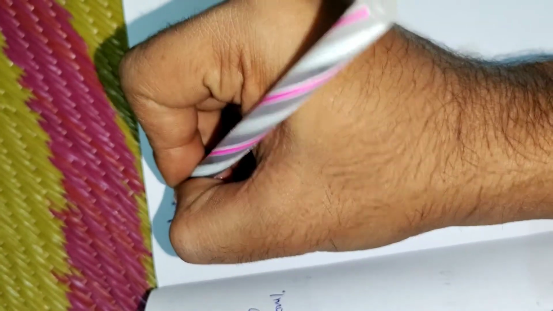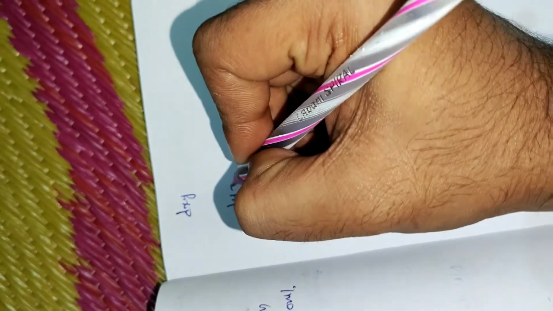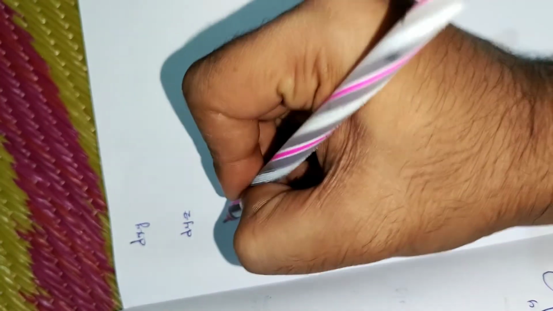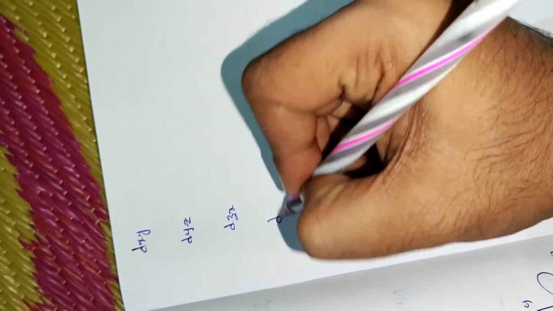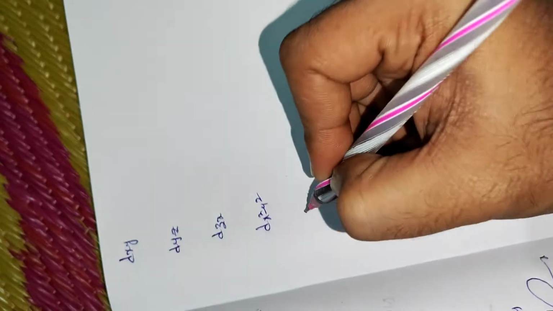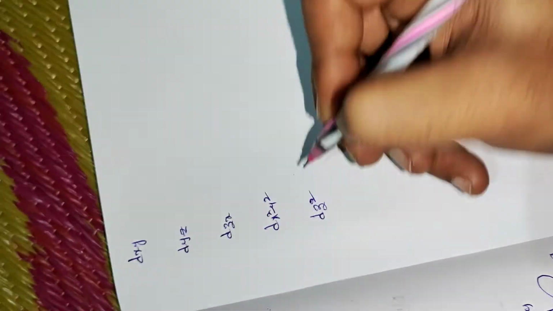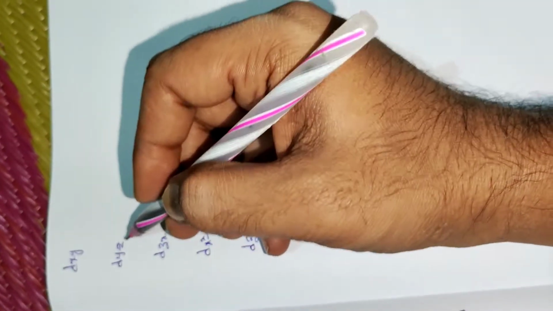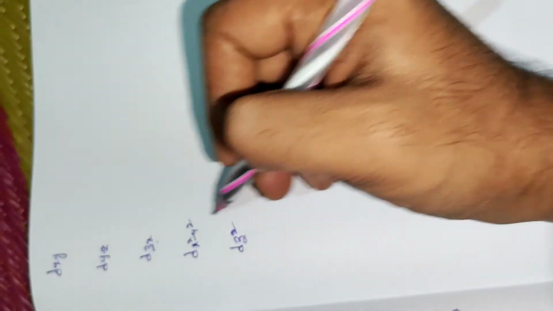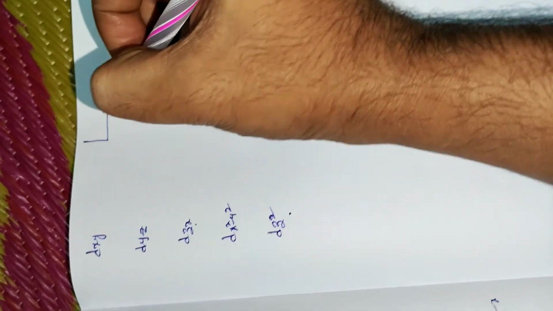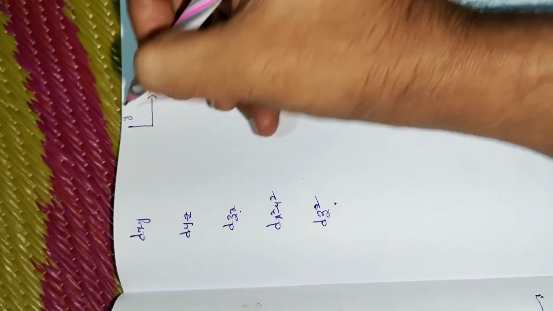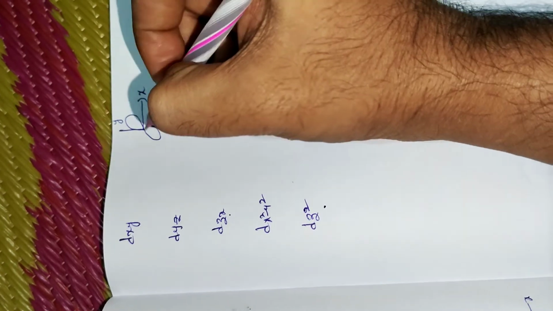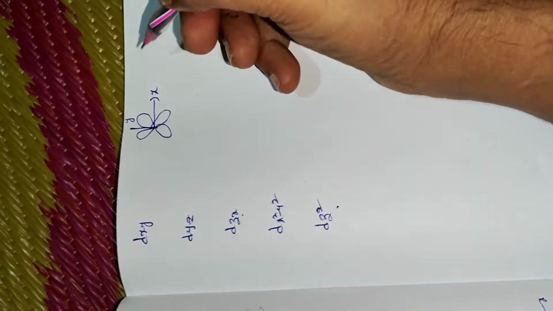One is dxy, dyz, dzx, dx square minus y square, dz square. The d subshell has 5: dxy, dyz, dzx, dx square minus y square, dz square. In dxy, this is the x-axis, this is the y-axis.